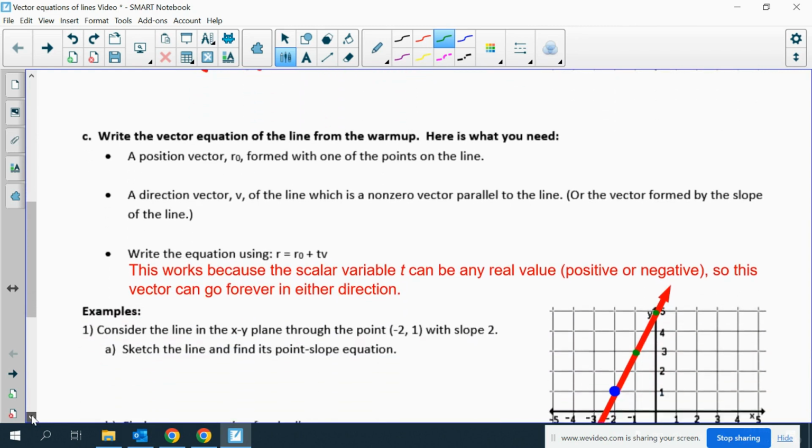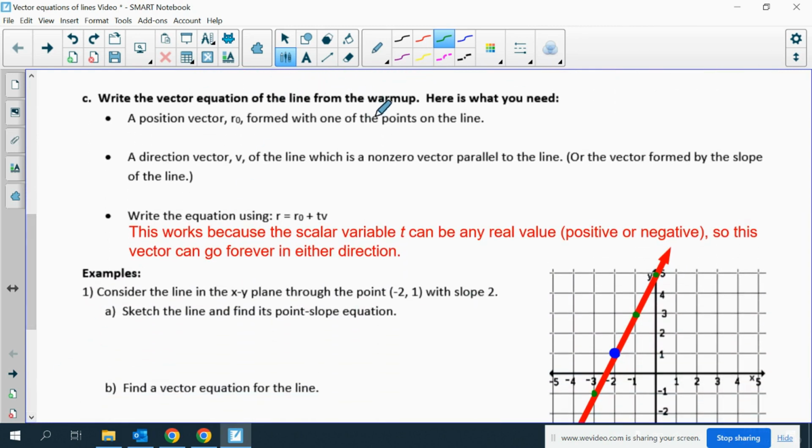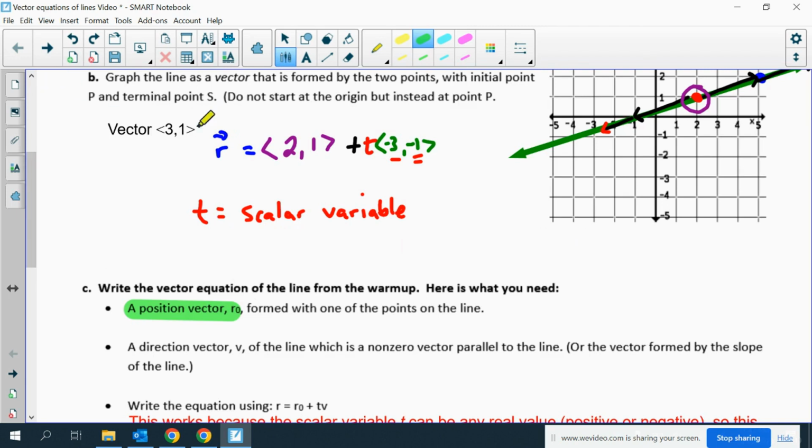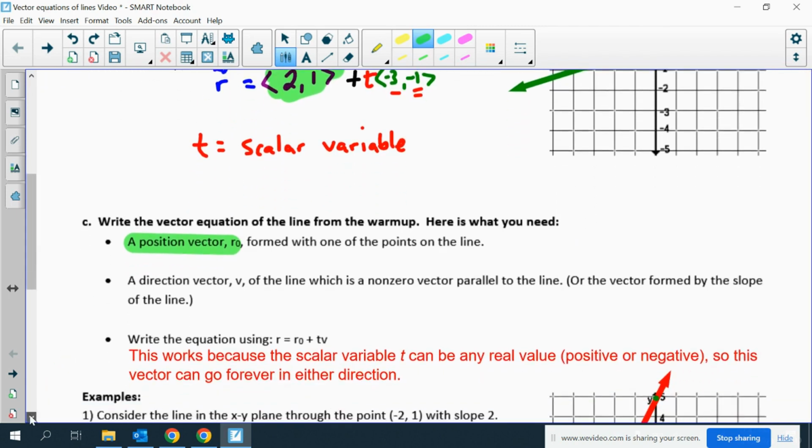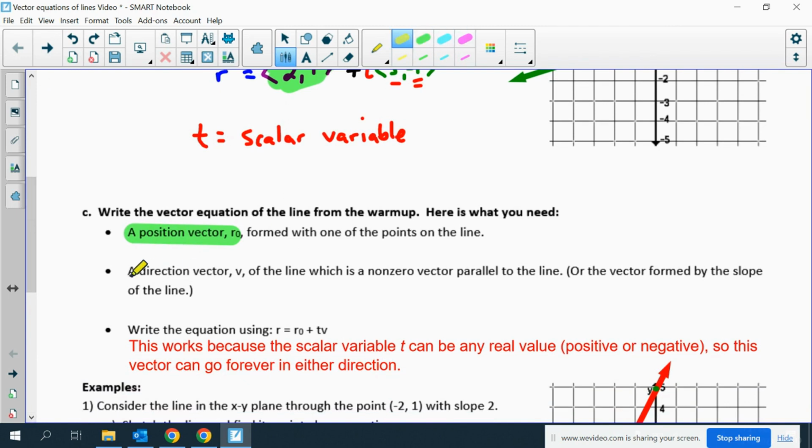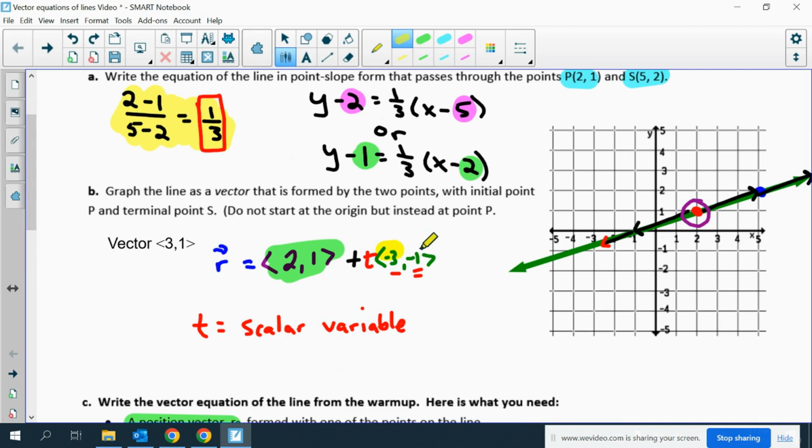So in order to write the vector equation of the line, what we did was we took a position vector, which gives us our initial point. So that was (2, 1). Then we took a direction vector, which puts us in some direction.